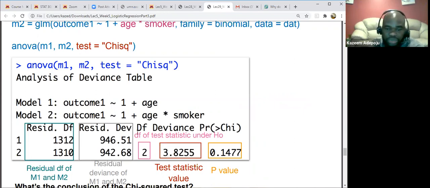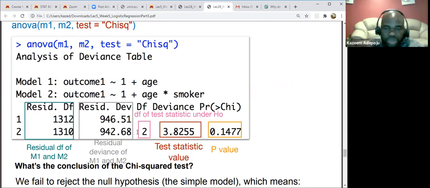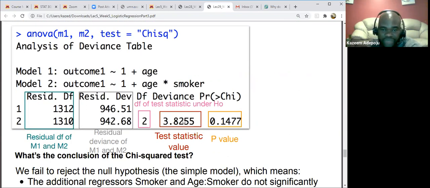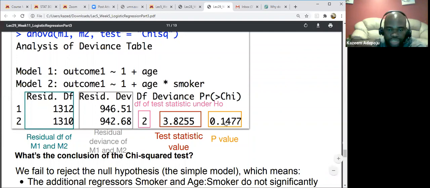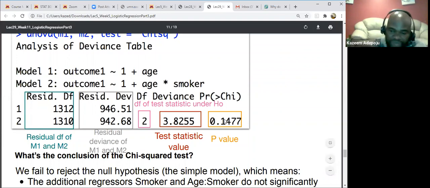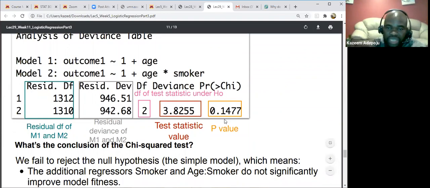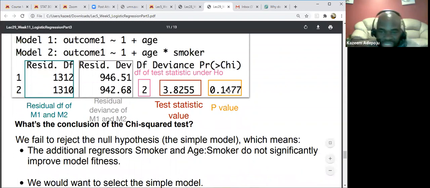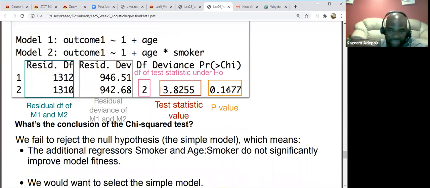Now this is what you're going to check for. This is the deviance that we talked about, and this is the p-value associated with the deviance. If you want to take a decision regarding model 1 and model 2, you're going to focus on the p-value. So what can you see right here? The p-value is larger than the 0.05 level of significance.